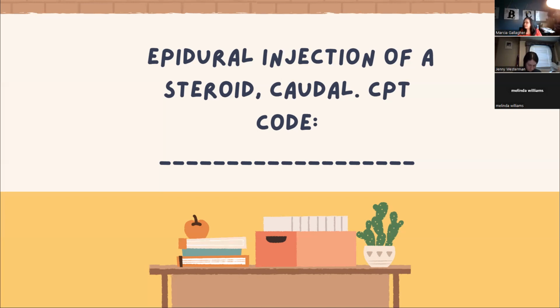So I went injection. I went to epidural, and it has 4 different codes for injection. Well, I went injection, spinal cord, anesthetic, because an epidural is an anesthetic, and it gave me 62320 through 62327.